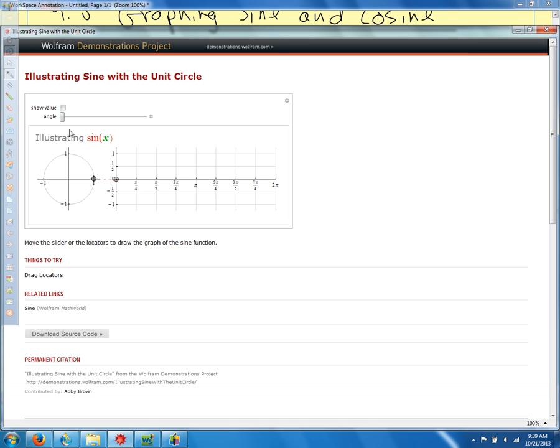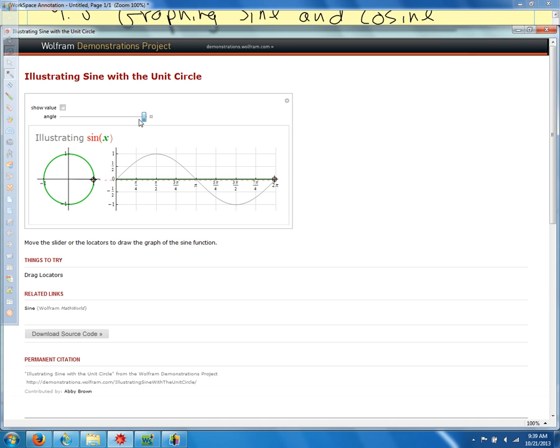And as I start here at 0, my graph goes up to 1 at pi over 2, goes back down to 0 at pi, goes down to -1 at 3 pi over 2, and then back to 0 at 2 pi.